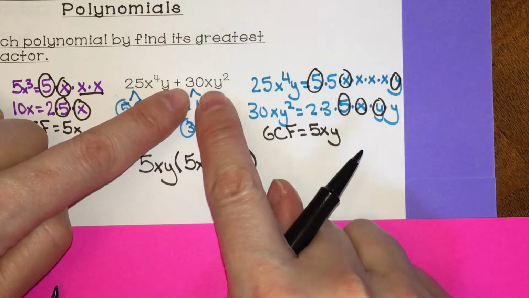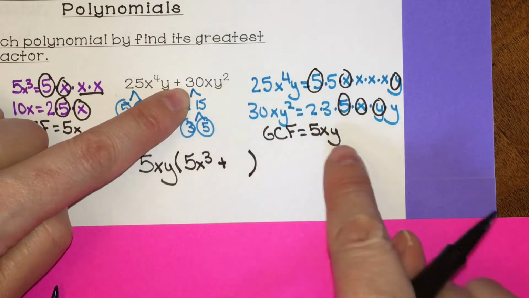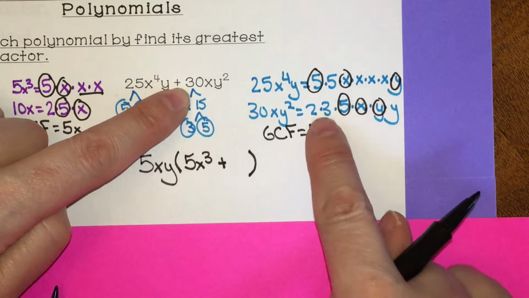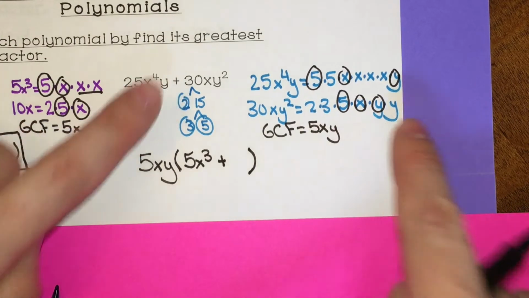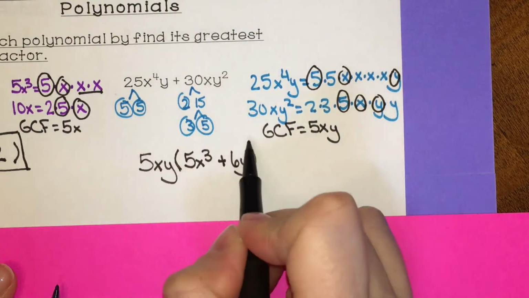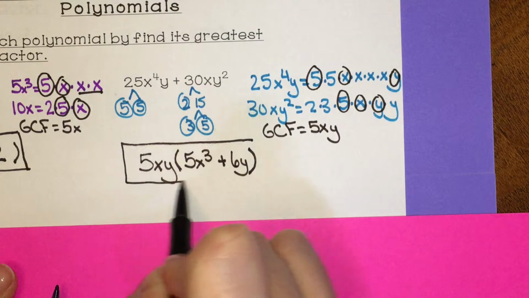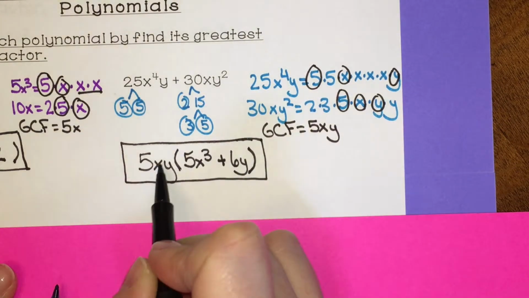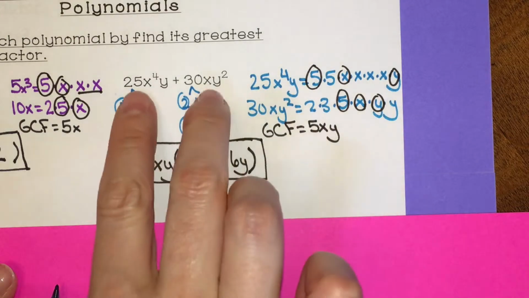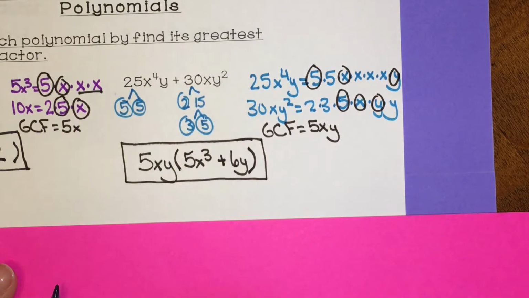Then for 30xy squared, I'm left with 2 times 3 times y. So 2 times 3 is 6, and 6 times y is 6y. That's what I'm left with after I factor out my greatest common factor. If I re-multiply, I will end up back with my original problem.